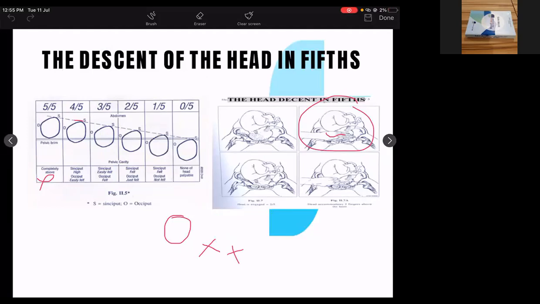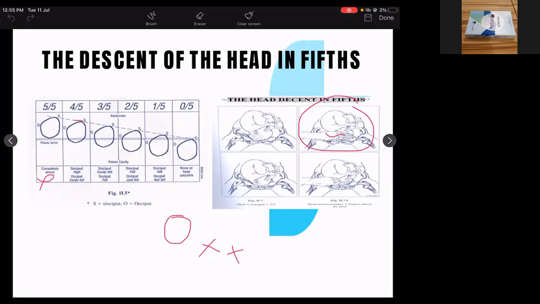You place your palm where you palpated the head of the baby, if you are able to palpate the head of the baby. So you place your palm over the head, and you will know that you are touching the head by feeling a globular structure down towards the pelvic area.